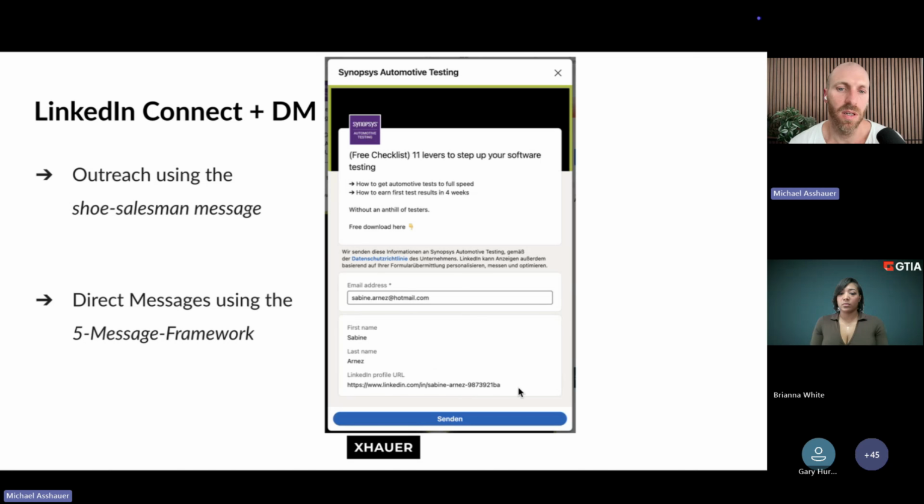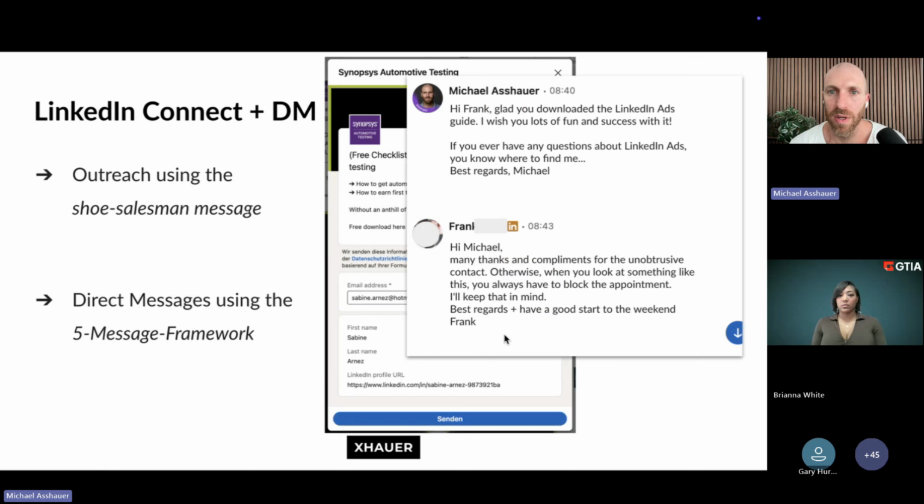So I see who she exactly is, what her role is, what company she works for, etc. And then, of course, I can go and send her a connection request with the shoe salesman message, and she replies, and then I go into the 5 messaging framework in order to book a call with her.